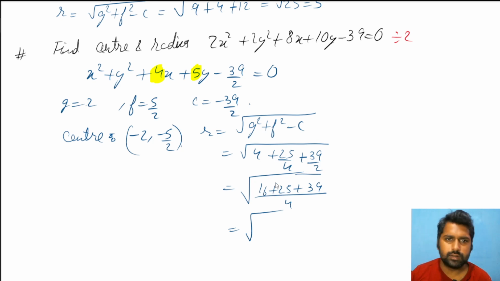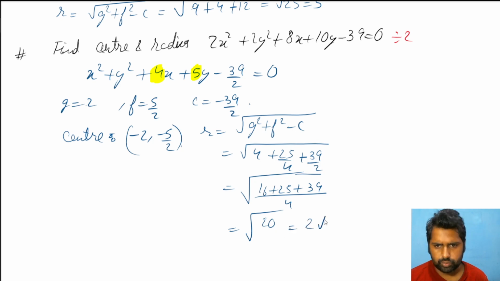Anyway, so 16 plus 25 is 41, plus 39 is 80, 80 by 4 is 20, and the square root of 20 is 2 root 5. So let it be. It's not that the answer cannot come in fraction or root form.